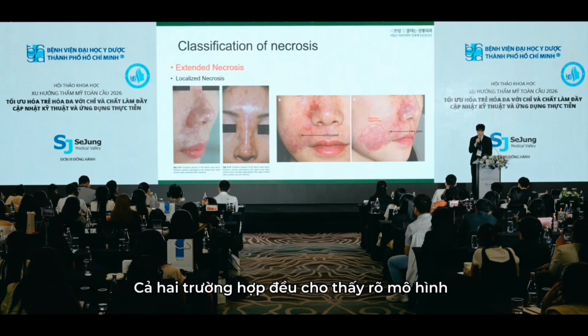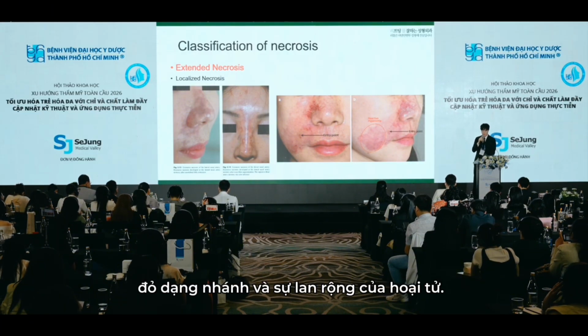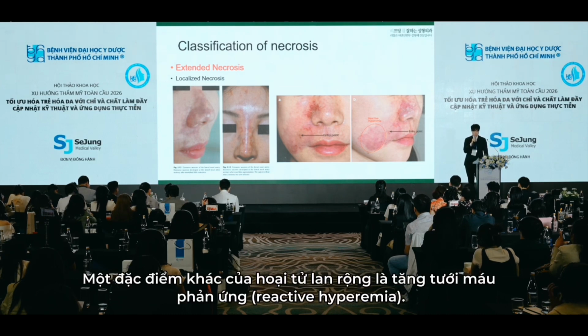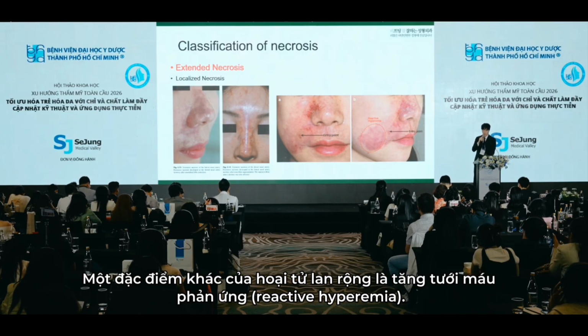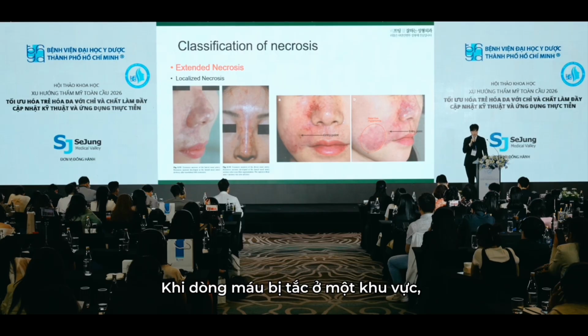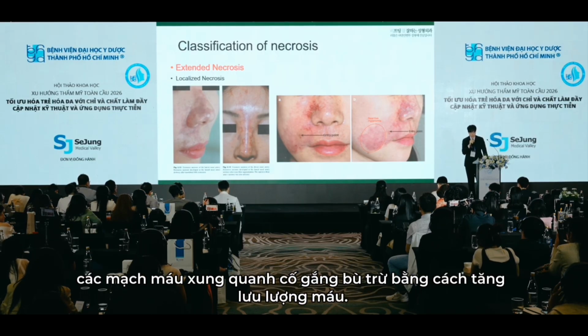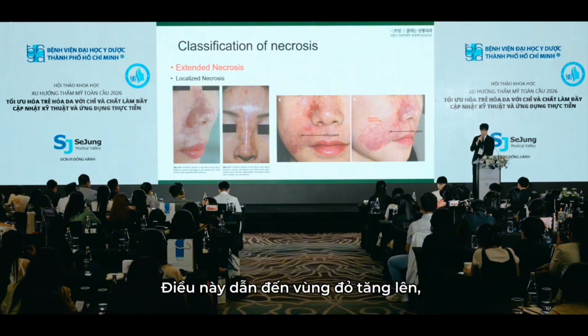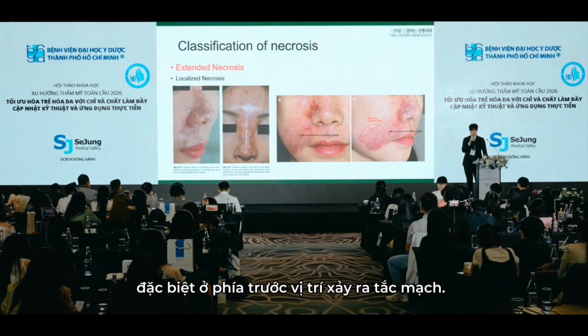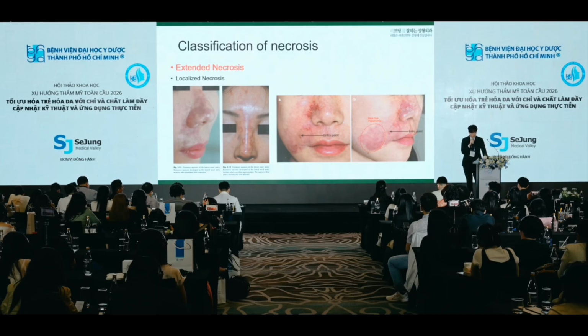Both cases clearly show branching redness and spreading pattern of necrosis. Another feature of extended necrosis is reactive hyperemia. As blood flow is blocked in one area, the surrounding vessels try to compensate by increasing blood flow. This leads to redness or flushing in front of the occlusion entry point.